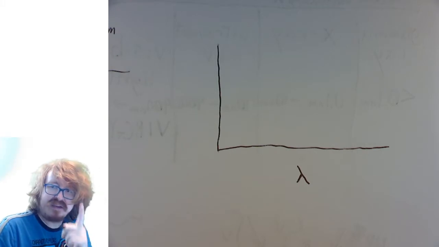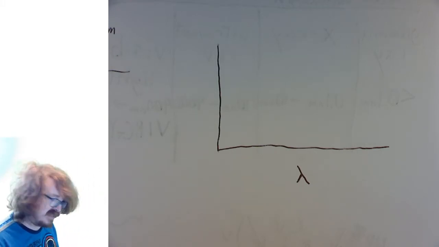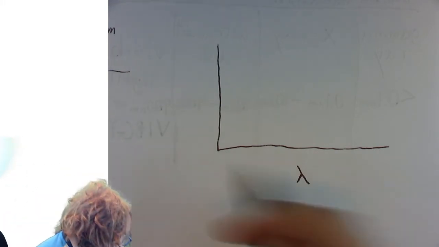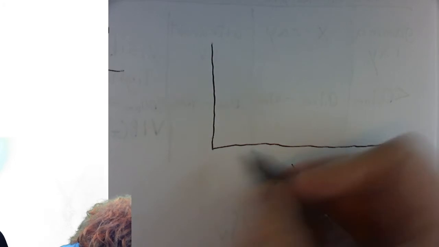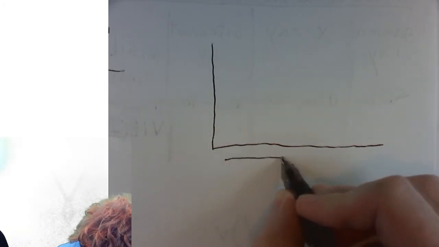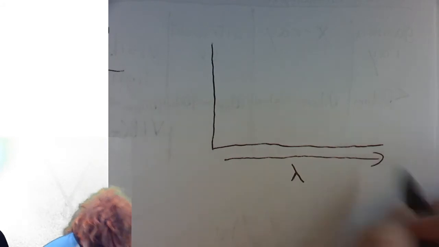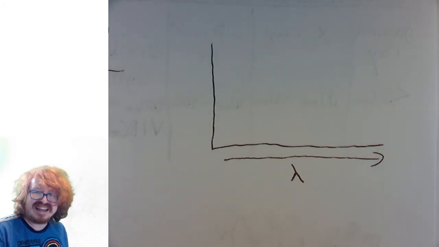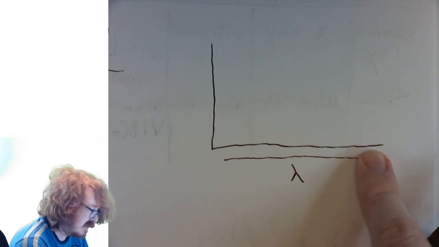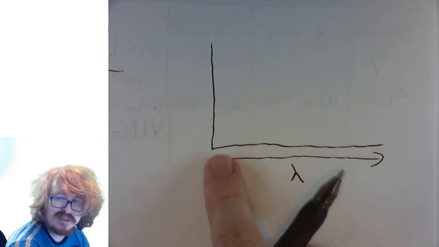Wavelength. That's correct. Wavelength is what it stands for. So on this axis down here, we have wavelength increasing in that direction. Big wavelengths are on the right, small wavelengths are on the left.